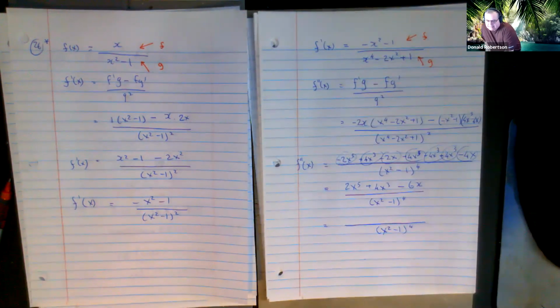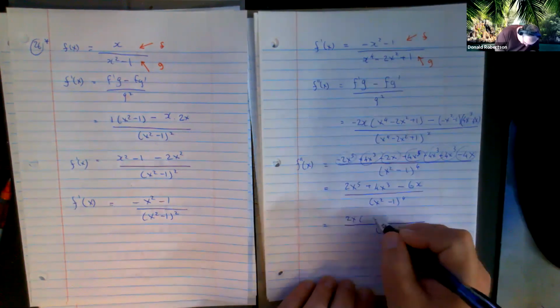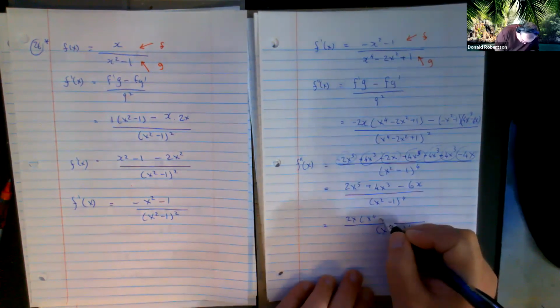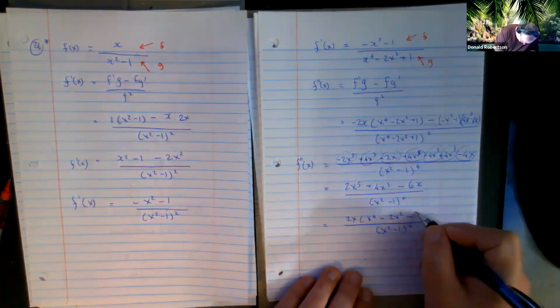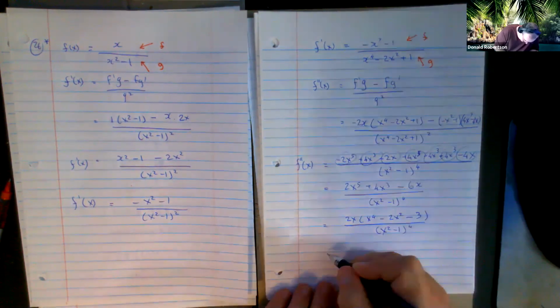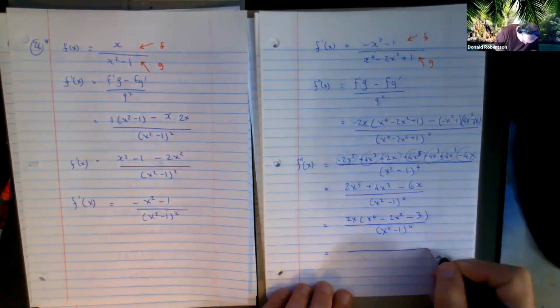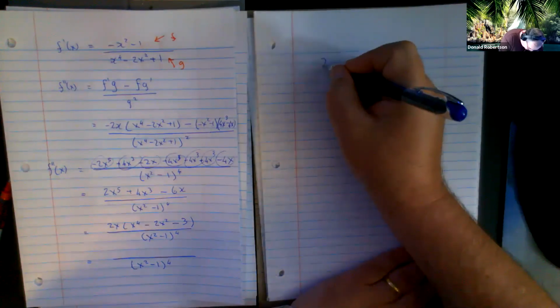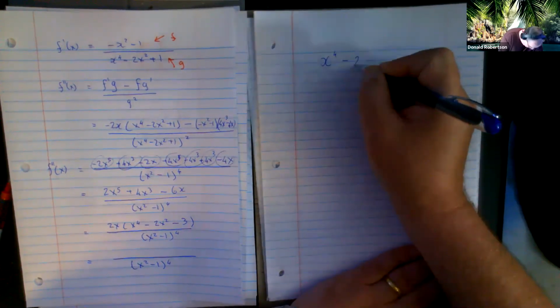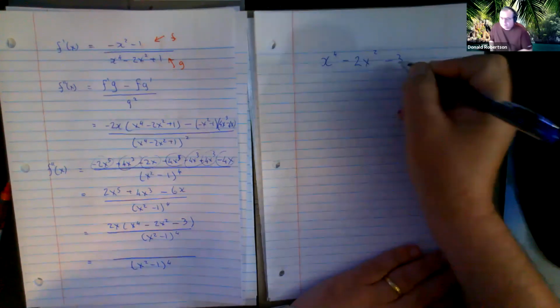Okay, anything I can do on the top as far as a common factor goes? 2x. Agreed. That leaves me with an x to the 4, take away a 2x squared, minus a 3. I'll do this in a side issue. You are now going to see something that some of you probably have seen before.